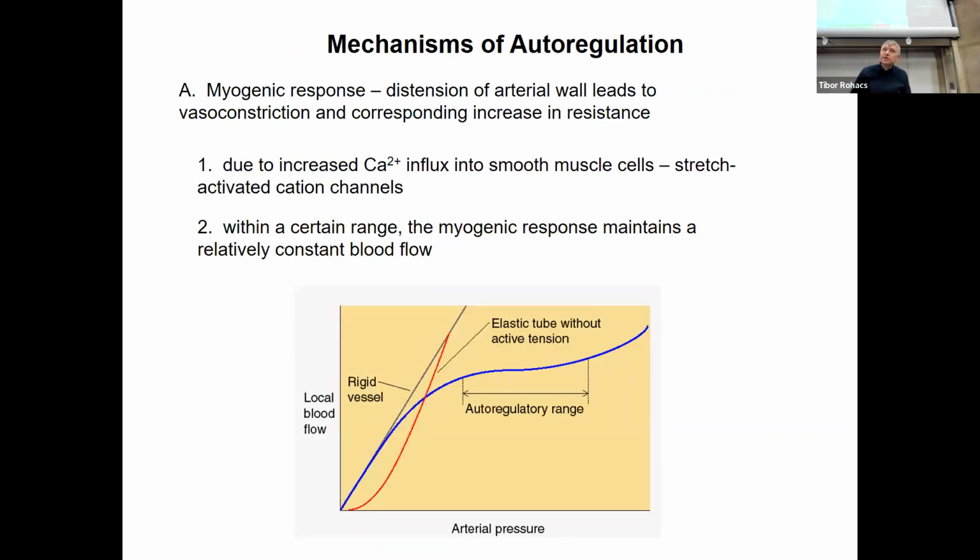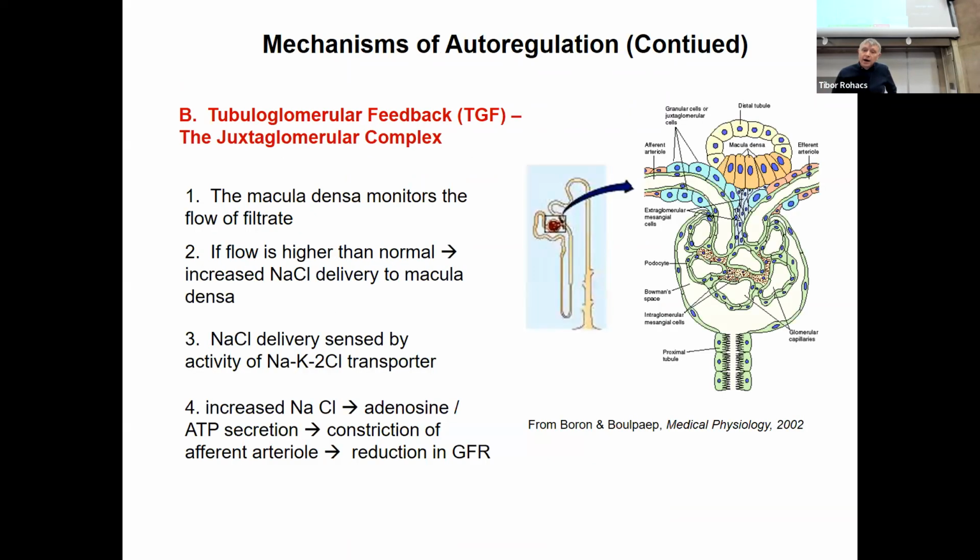And the way it goes, one of the mechanisms is a simple built-in stretch-sensing mechanism in the arterioles. If they stretch, you're going to have these stretch-activated ion channels that open, let calcium in, and basically constrict the vessels. This happens in almost all vessels, especially so in the brain.